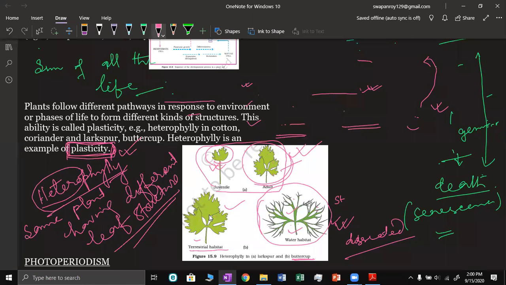If the leaves were very broad, what would happen? They would be damaged by the water current. So the leaf is very much dissected, segmented, but when this same species of plant grows in terrestrial conditions, the leaf shape is different. So heterophyly is a very good example of plasticity.